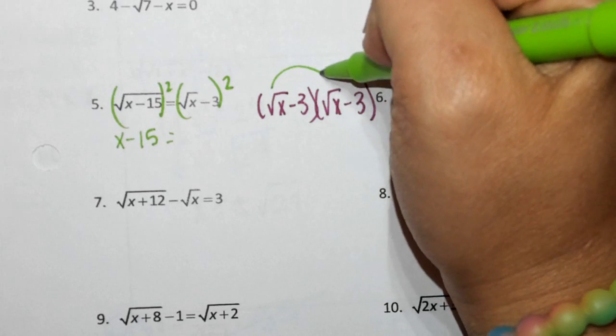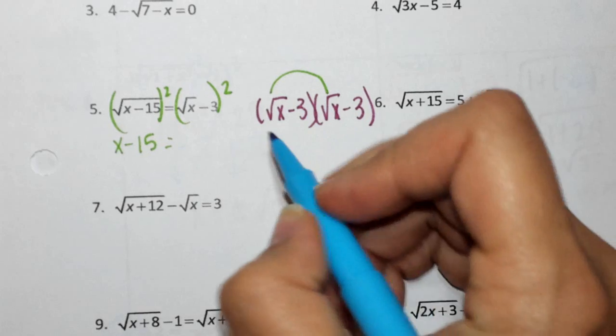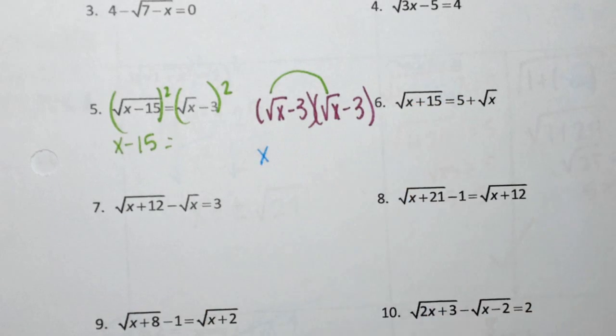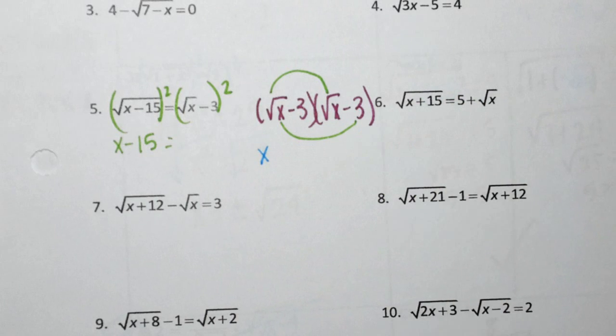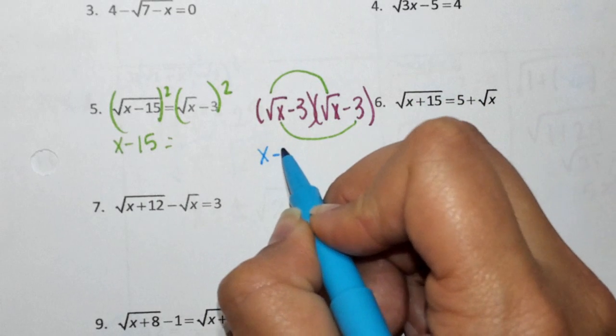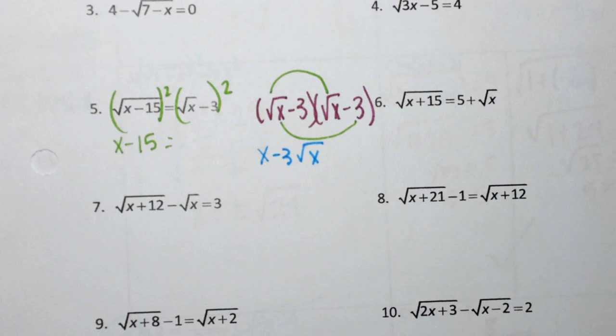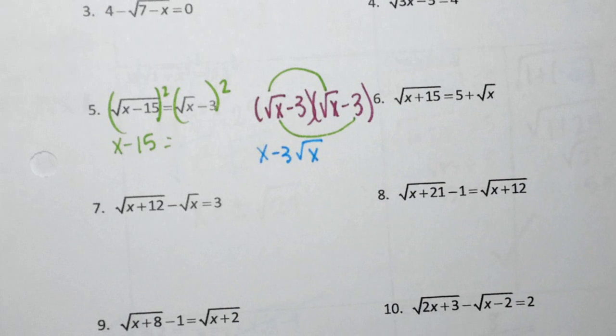You multiply the square root of x times the square root of x, and what do you get? X. Then you multiply the square root of x times negative 3, and what does that give you? Negative 3 root x. Is everybody with me so far? Yes. Are we sure? Does anyone have any questions before I go any further?